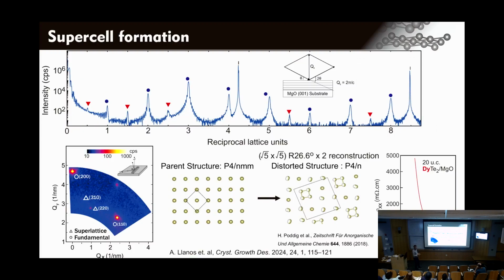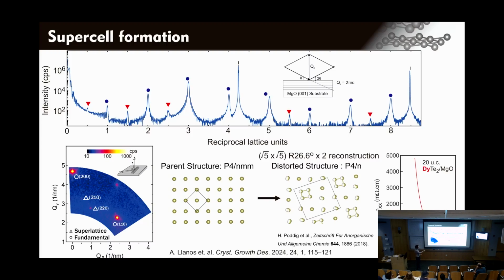The problem with these dysprosium films is that the tellurium really is too volatile. Tellurium evaporates at about 250 degrees. We grow these films at about 400. It's really hard to dose tellurium in and keep the crystal stoichiometric. So what happens is it grows, progressively losing tellurium.